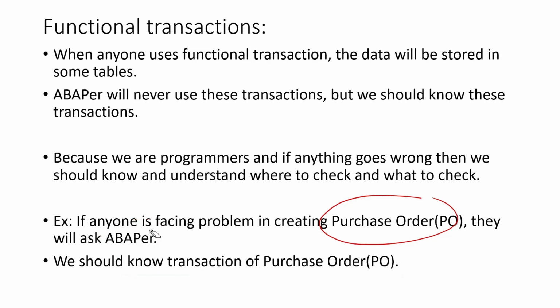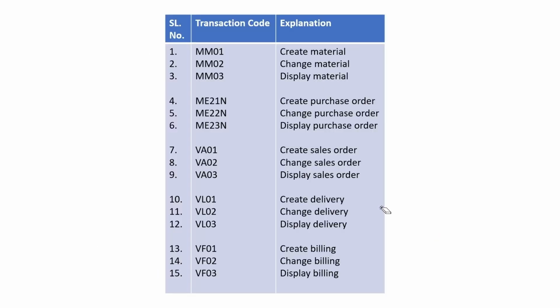I'll show you a few of the transactions over here. We have the transaction codes MM01, MM02, MM03 for materials: 01 for creating, 02 for changing, 03 for displaying. Similarly, for purchase orders, we have ME21N, ME21, 22, 23.